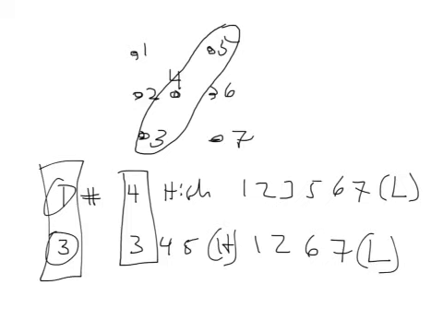Number 1, number 2, number 3, number 4, 1, 2, 3, 4, number 5, 1, 2, 3, 4, 5, and 6 would be those 3, with 4 being low.